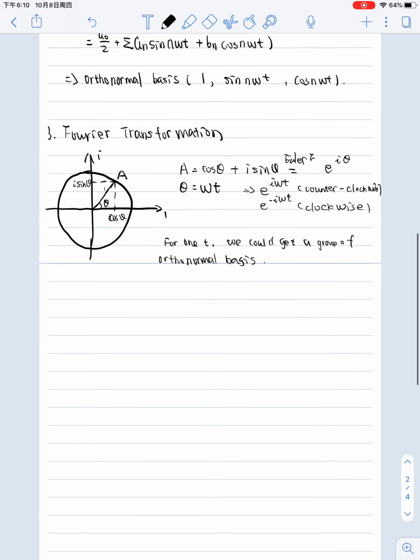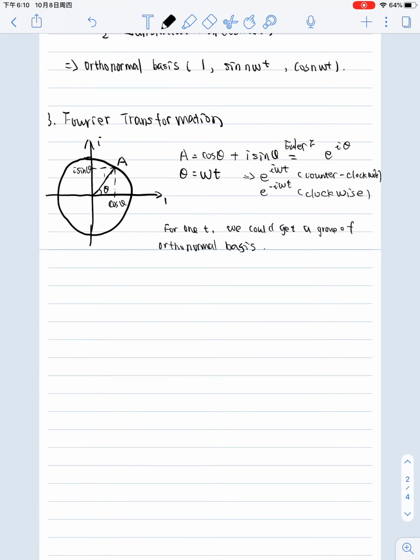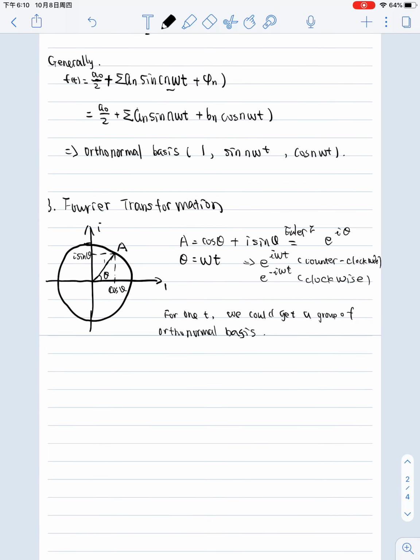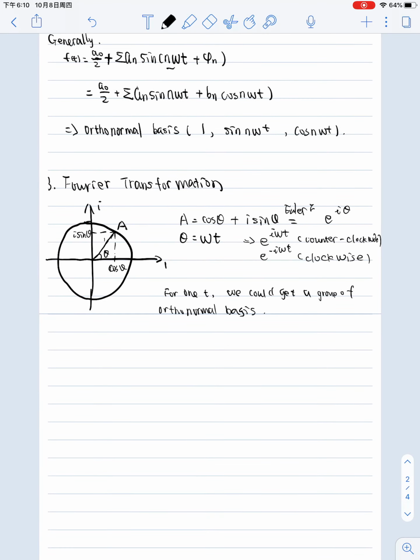So for one t we could get a group of bases.